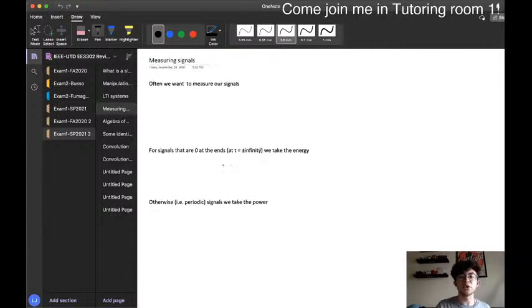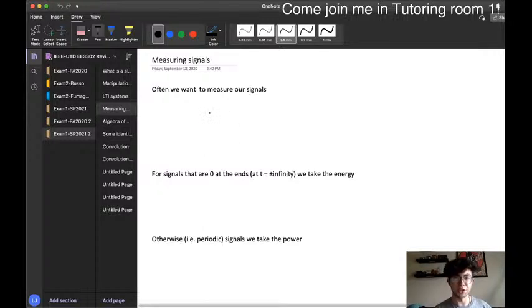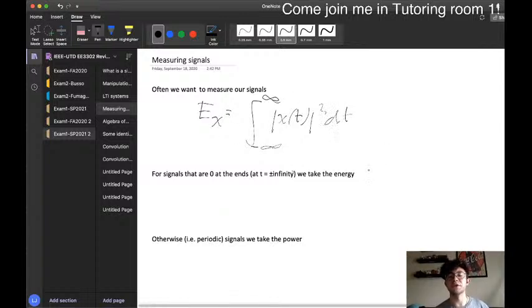Right, so one thing that we want to go through is what's called the energy. Say we have a signal x. The energy of x is defined to be the integral over the support of the squared absolute value of x over the entire domain.